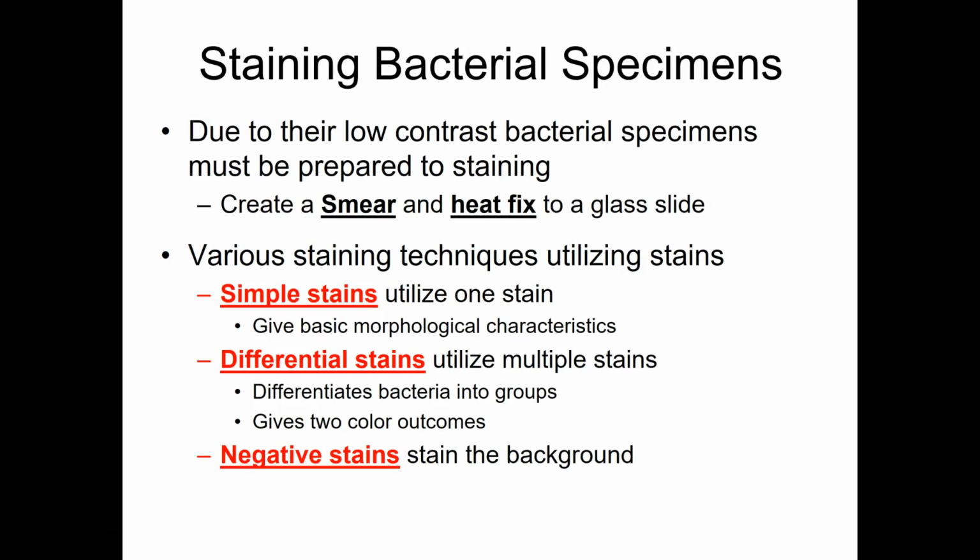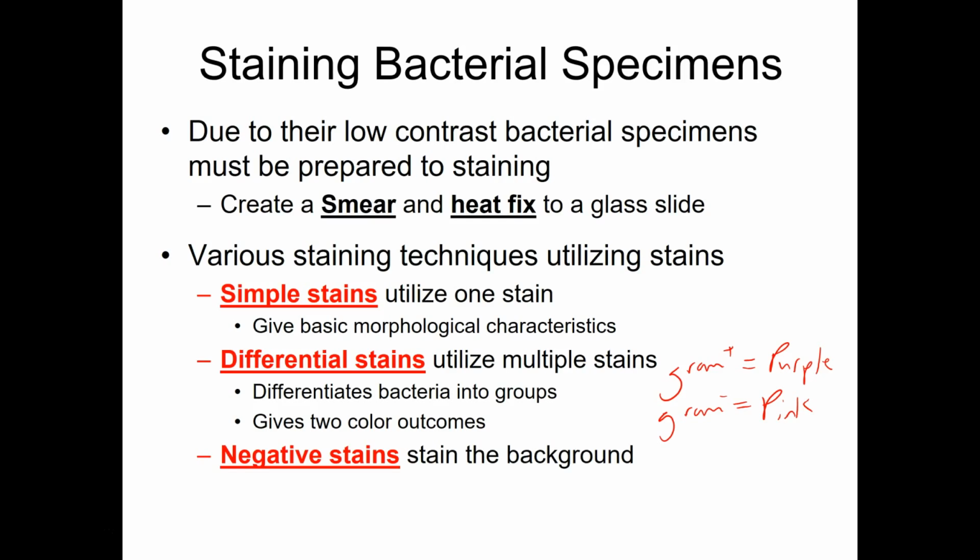For instance, we're going to do gram staining. In gram staining, gram-positive bacteria stain purple, while gram-negative bacteria stain pink. You do the same procedure for gram-positive or gram-negative, but in the end, because you utilize multiple stains, you get two different colored outcomes.